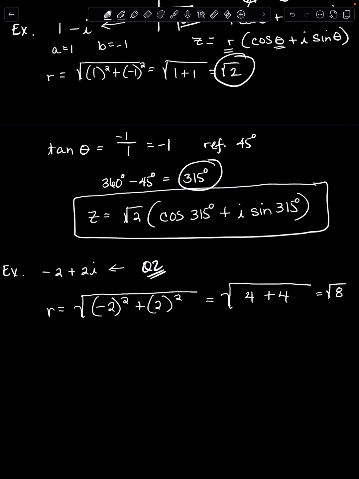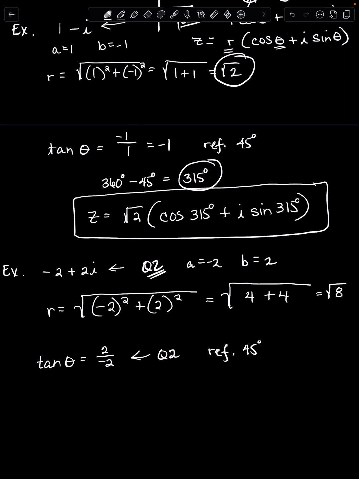To find theta, I do the tangent of theta equals b over a, and maybe you should write it out. So a is negative 2, b is positive 2. The tangent of theta is going to be 2 over negative 2. I know that's coming from quadrant 2, and I know my reference angle is 45 degrees.